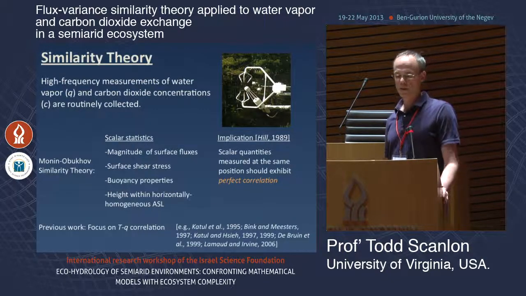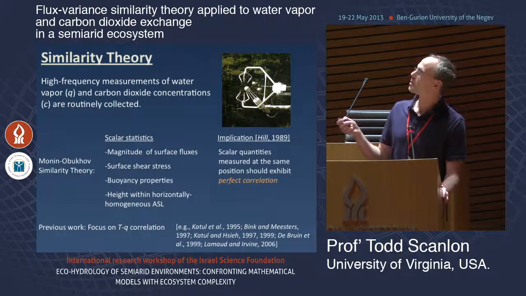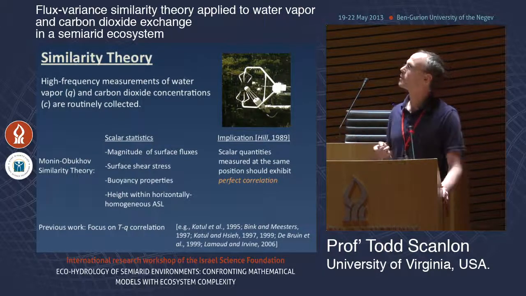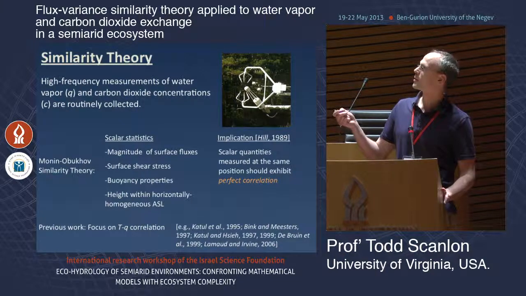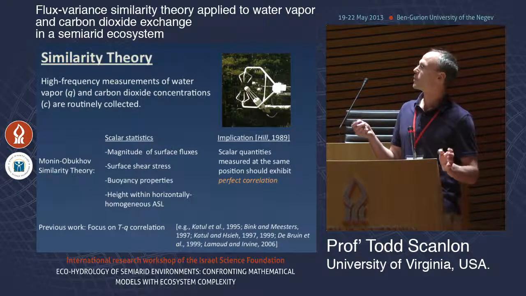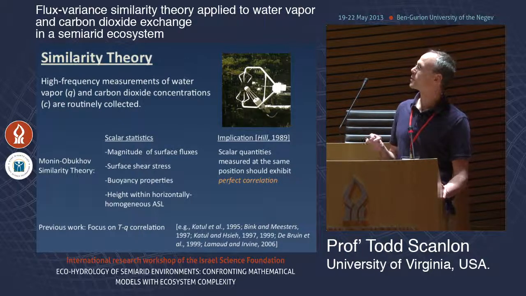Some background in similarity theory. Monin-Obukhov similarity theory says that the scalar statistics measured at a particular point in space are governed by a finite number of things, like the magnitude of the surface fluxes, surface shear stress, buoyancy properties, and then height within the atmospheric surface layer.